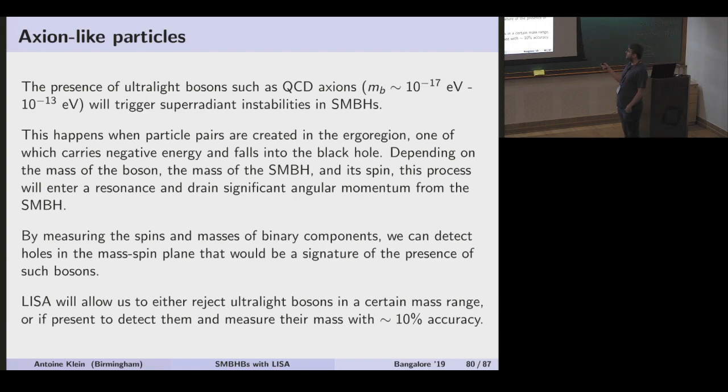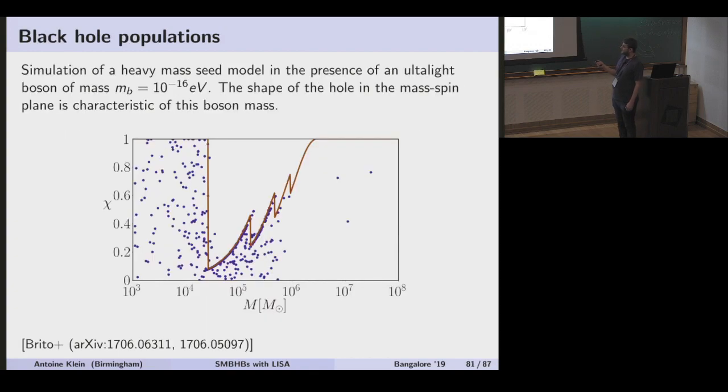But if those axions exist, then they will create holes in the mass-spin plane. And with your supermassive black hole spin measurements, you can see that.